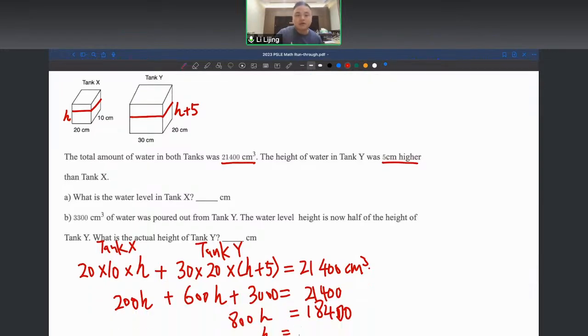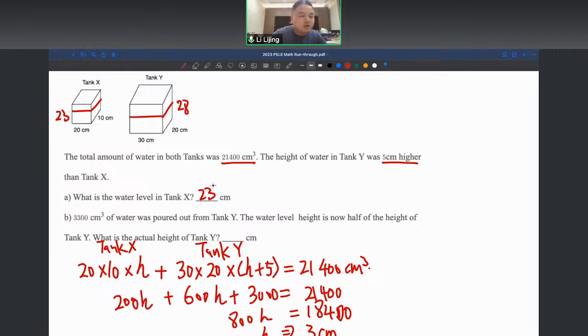You get 23 cm for the height of X. So I will change this to 23, and Y will become 28.